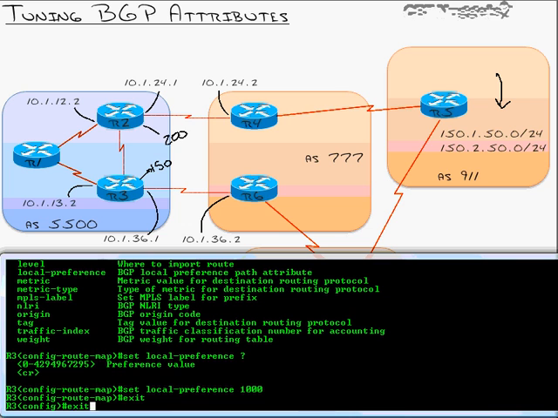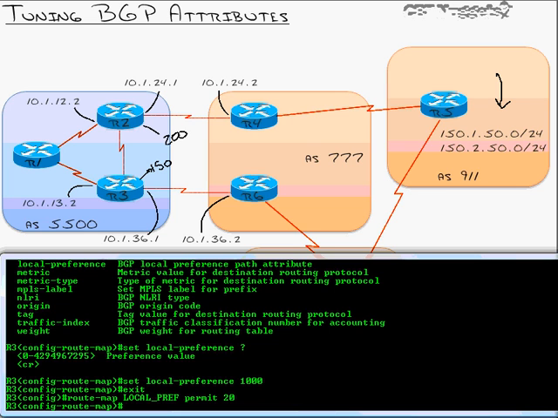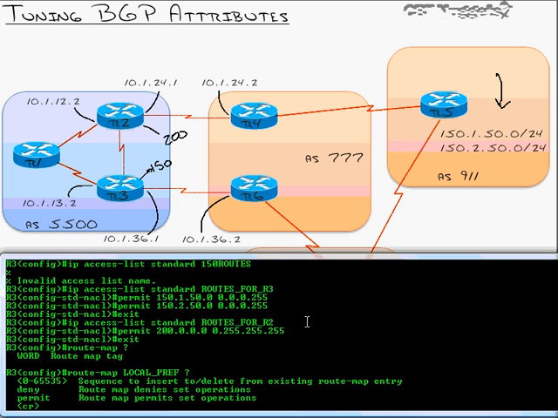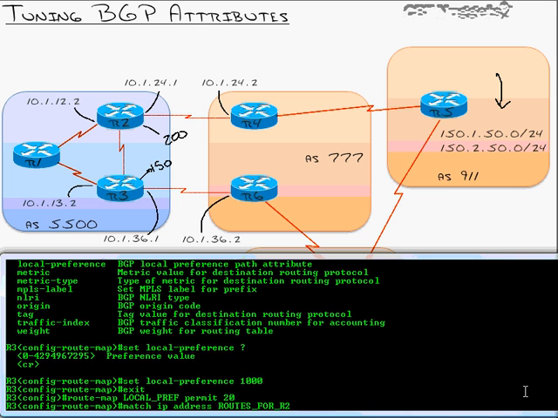Then I'm going to type in, let me hit the up arrow here, route map local preference permit 20. This is now my sequence number 20. Now I'm going to match the IP address, and I'll expose my strategy as I do this, routes for R2. Okay, so again, we're on router 3 right now, right?